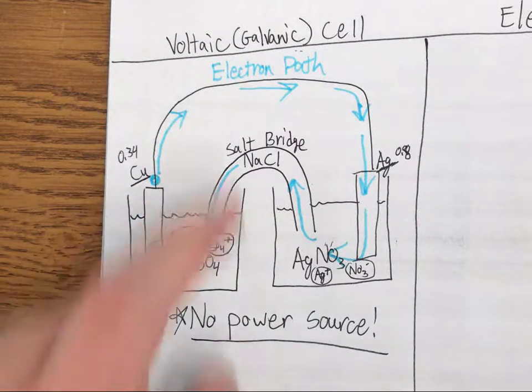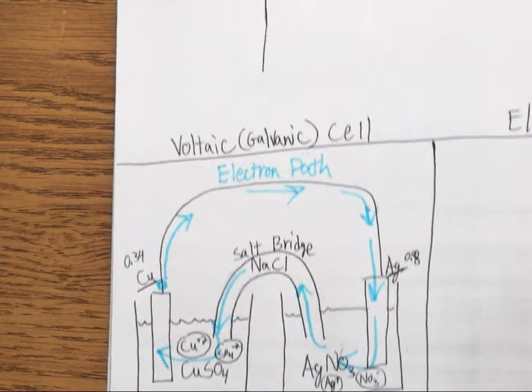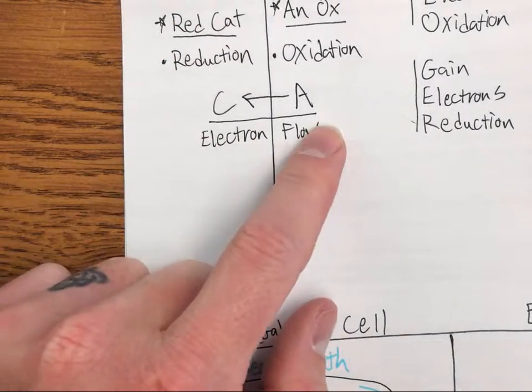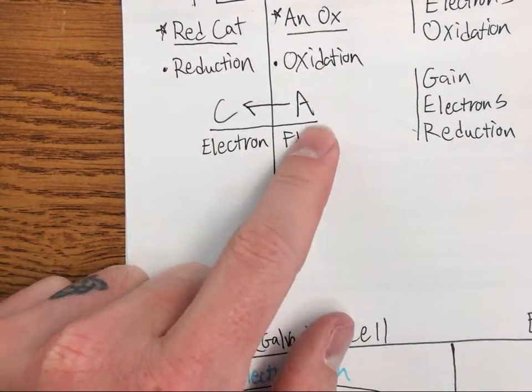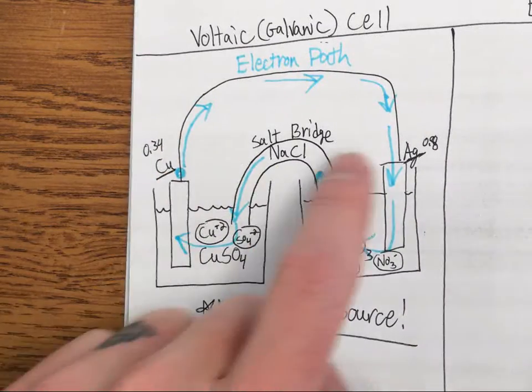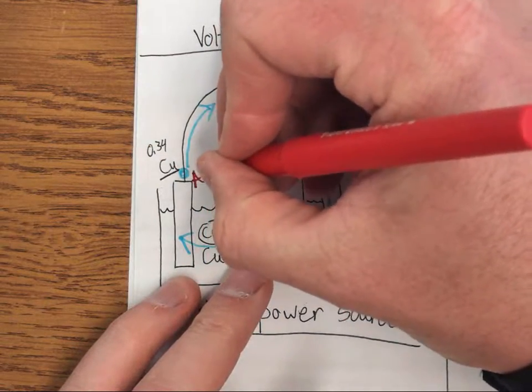So now that we figured out the electron path that goes this way, which one is the cathode? Which one is the anode? If it's going from A to C, that means it's going from A to C, so this has to be our anode.